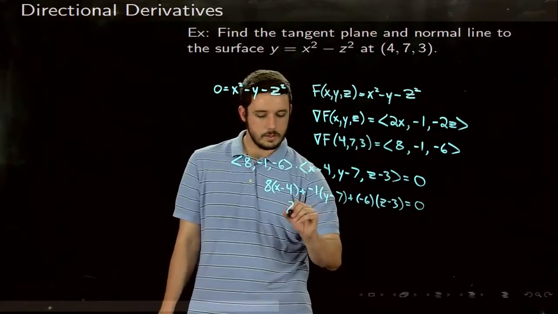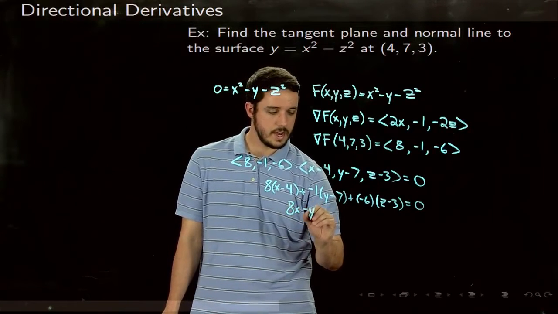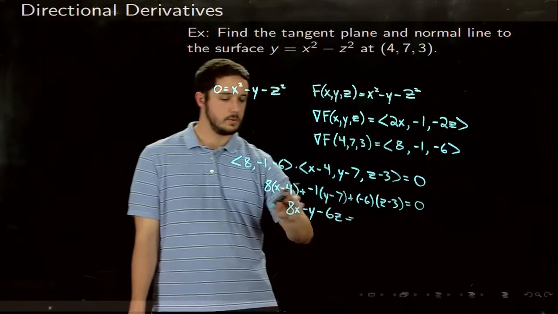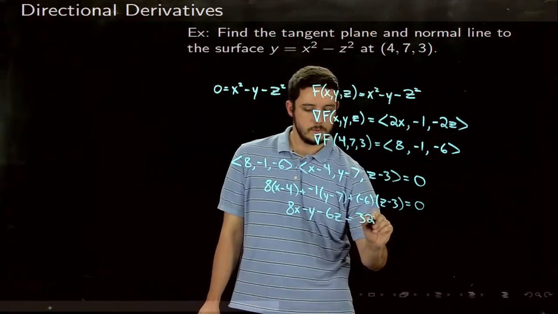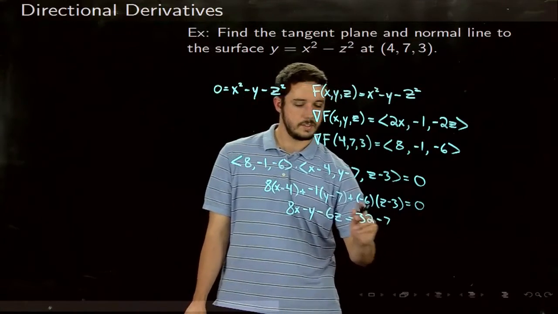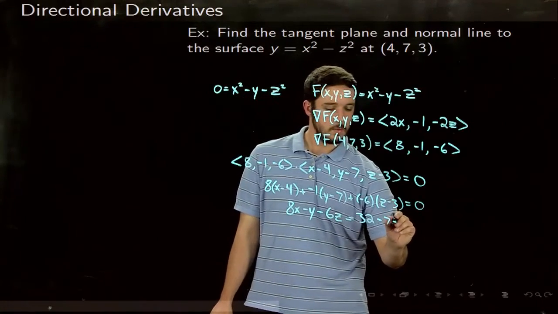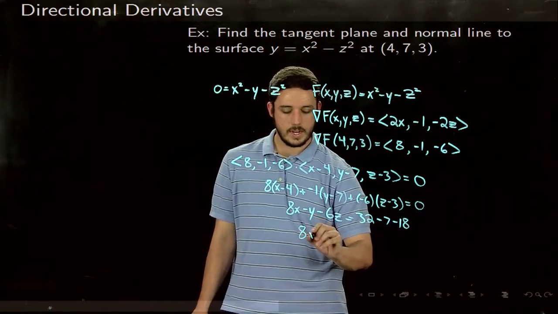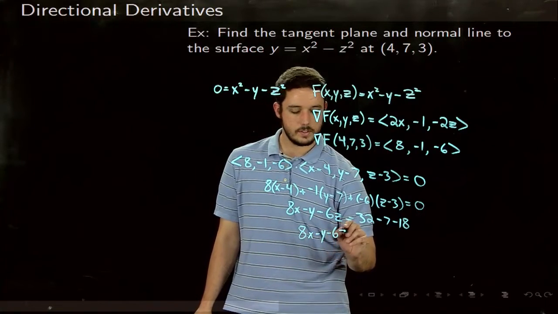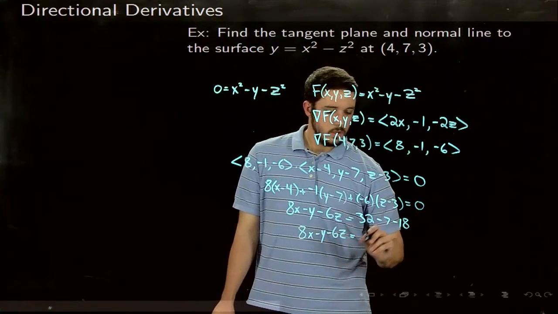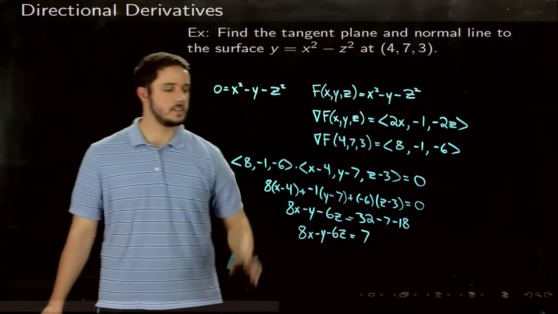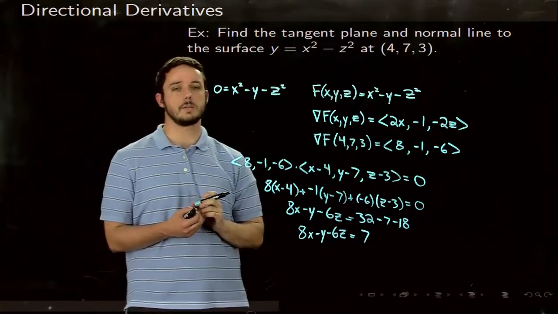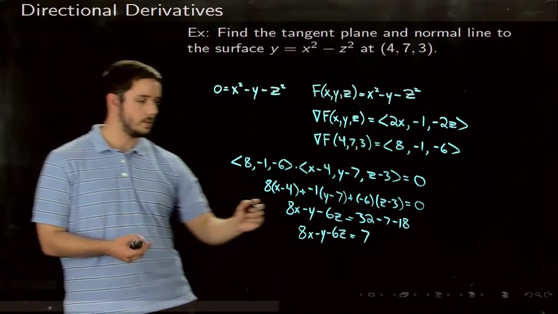And if we multiply that out, 8x minus y minus 6z is equal to 32 minus 7 minus 18. So 8x minus y minus 6z is equal to 7. So this is the equation we get. So this is the equation of the tangent plane to this surface, y equals x squared minus z squared, at 4, 7, 3.